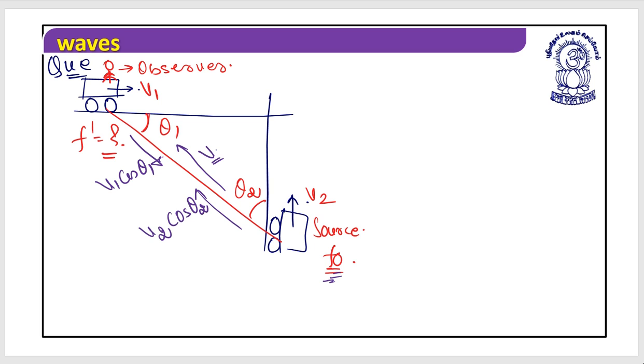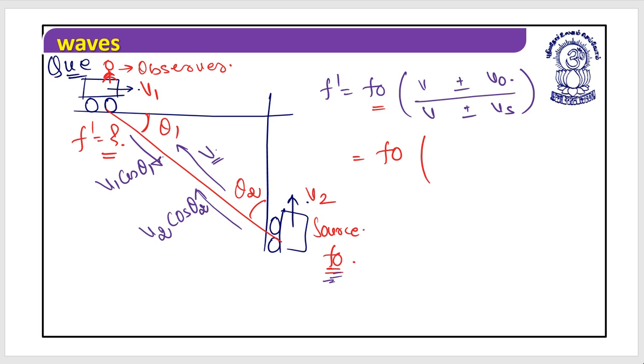So if I want to write down the Doppler effect, then f dash is equal to f naught into bracket v plus minus v naught divided by v plus minus vs. Now this is f naught into bracket v plus minus v naught upon v plus minus v net.